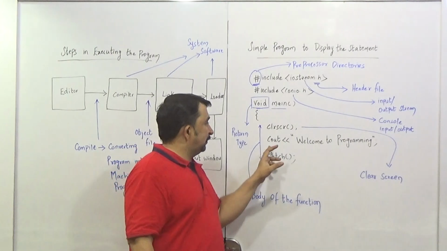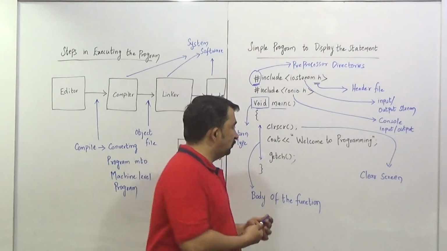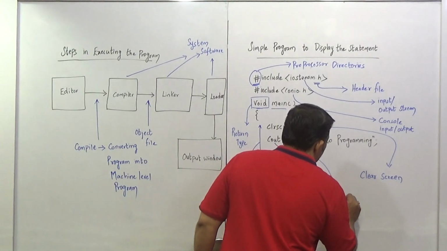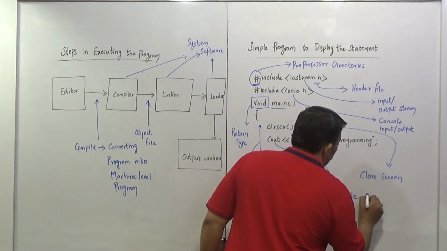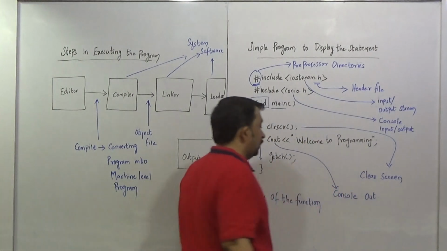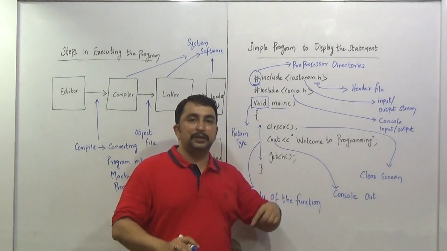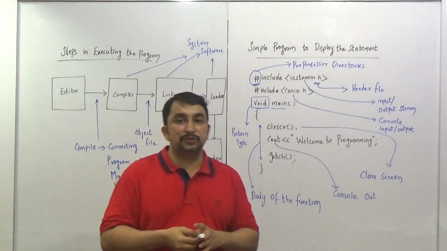Then cout. Cout is nothing but console out. Again, console is said to be a monitor, and out means giving output, the output stream.